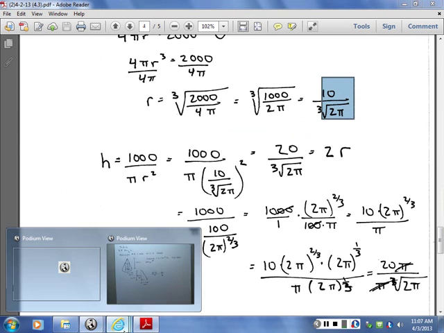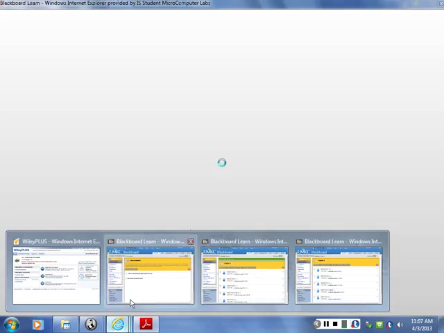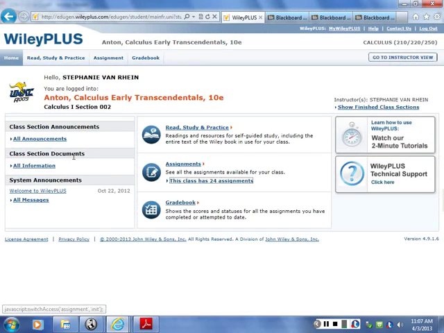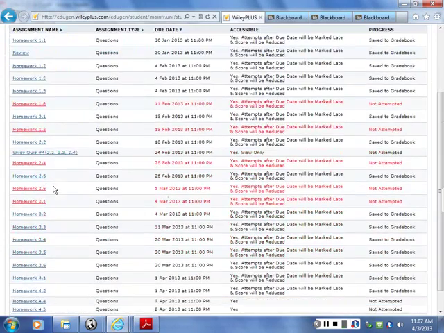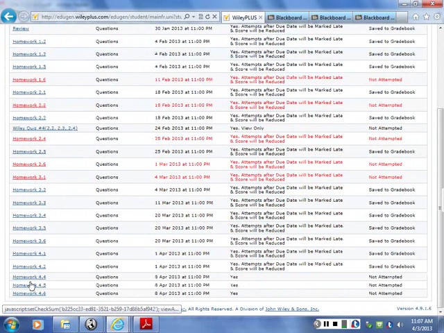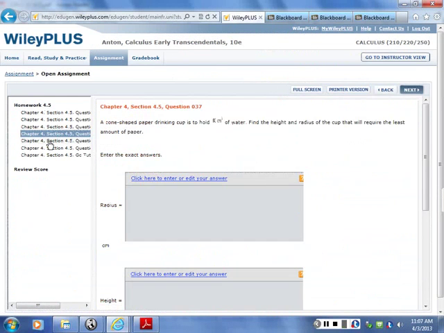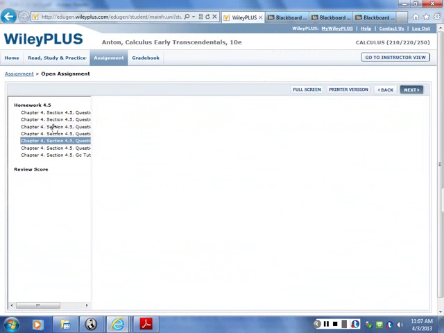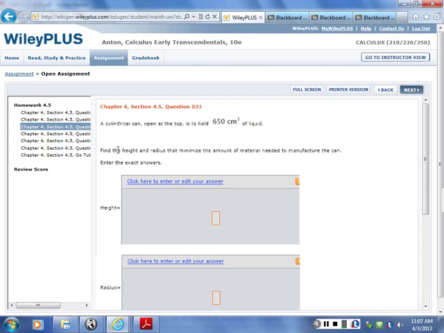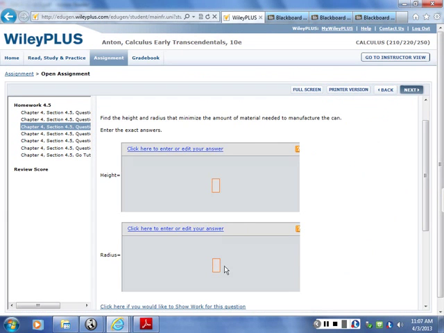But for the one that you have on Wiley, it's randomly generated, so no. But once you find the radius, you plug that in for the height, you should expect the height to be twice the radius. So this one is randomly generated, right? 650 is different, so your radius is going to be different. But to check your answer here, you should expect the height to be twice the radius.